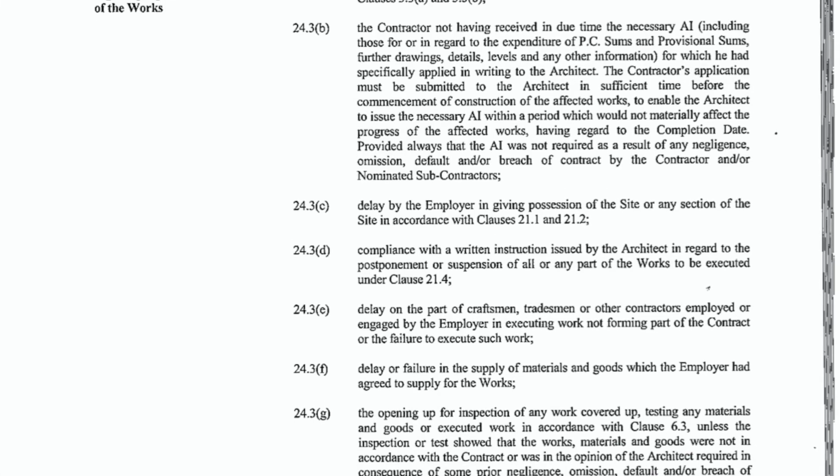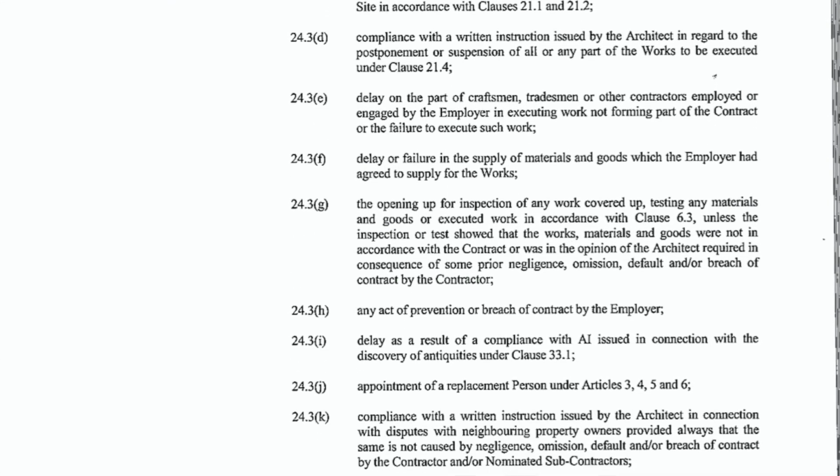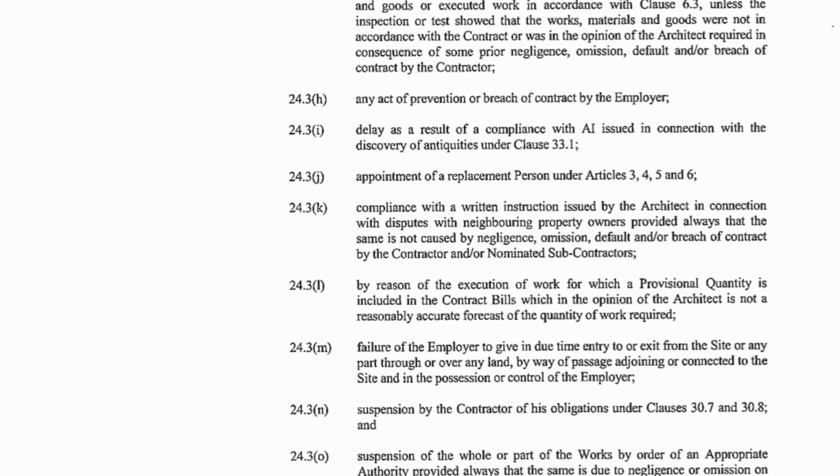As force majeure is not listed in matter that materially affecting the regular progress of work in clause 24.3 A until O, the claim will be rejected.